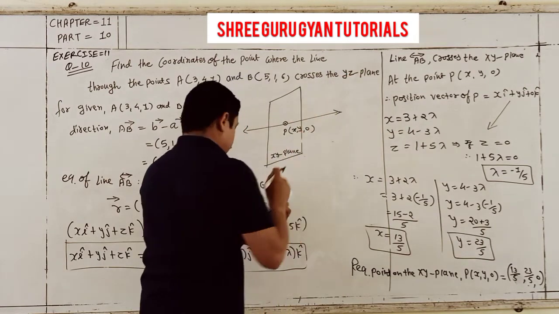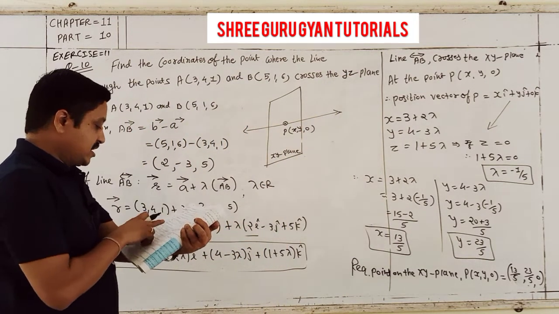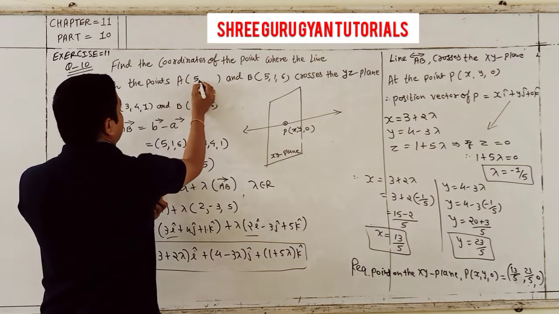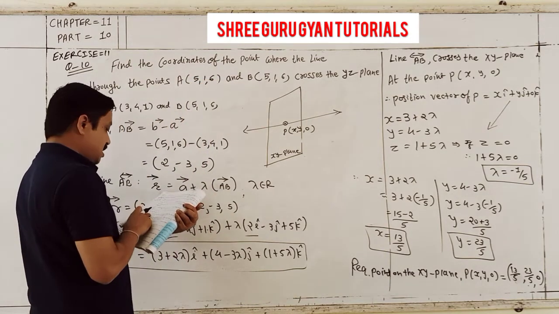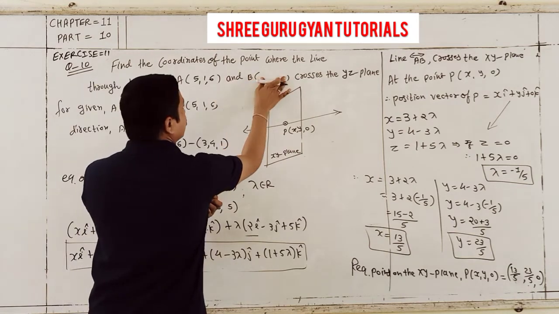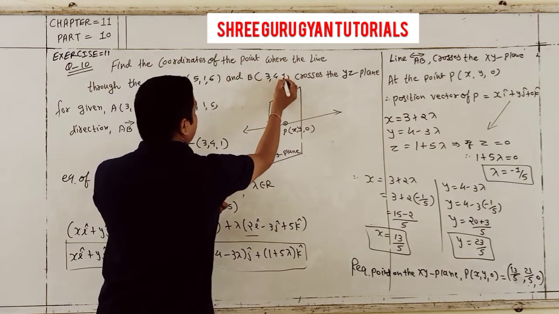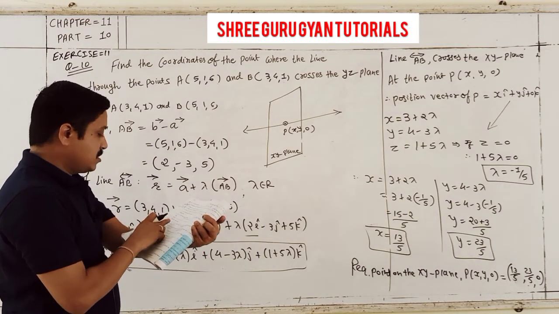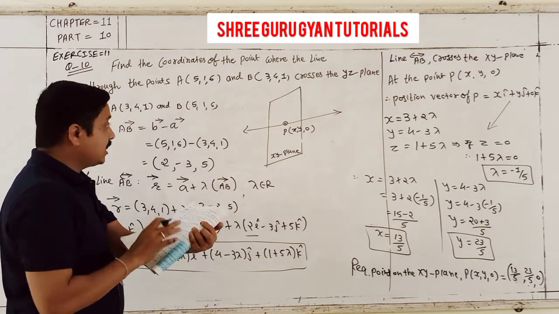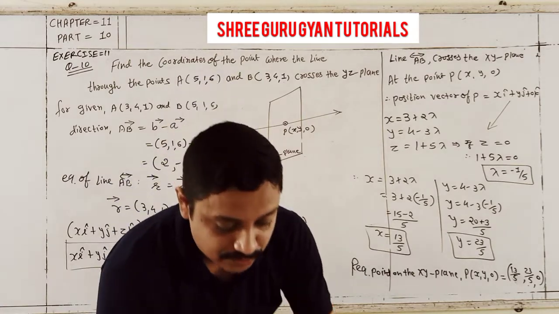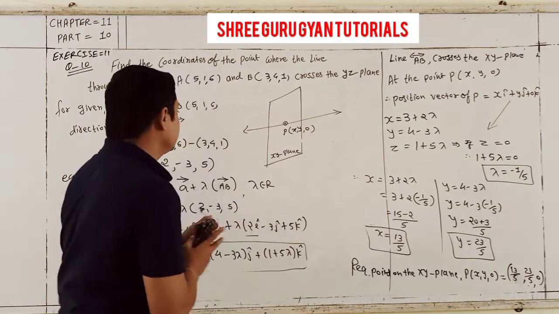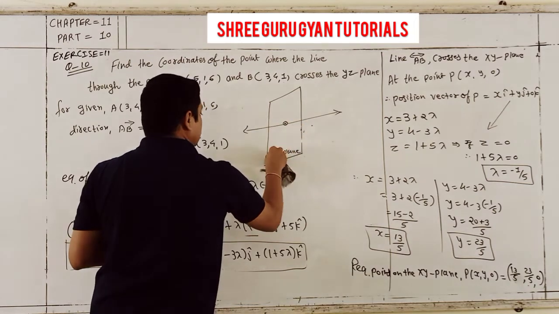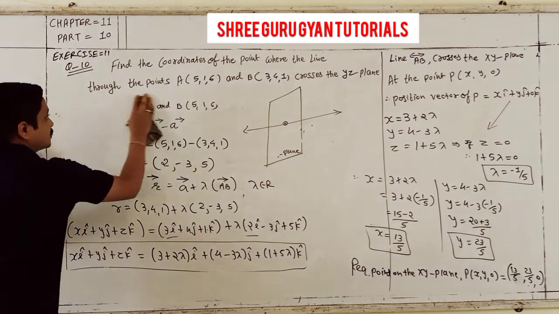The YZ plane, and the given points are 5, 1, 6 and 3, 4, 1. One more time, check: 5, 1, 6 and 3, 4, 1. So very easy, students, only A and B change here. The plane changes, the points change, and the directions also change.